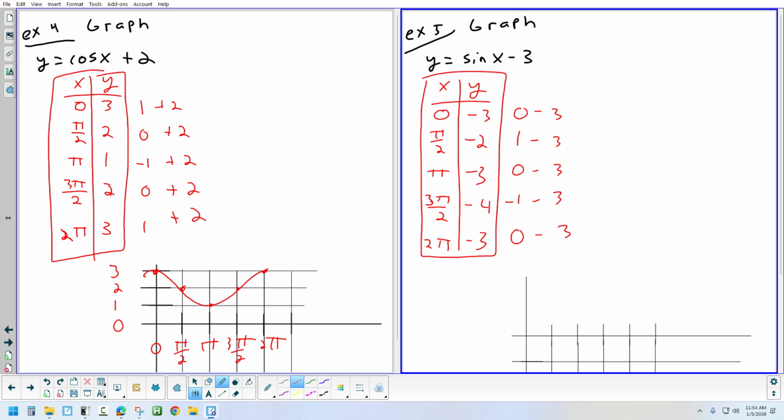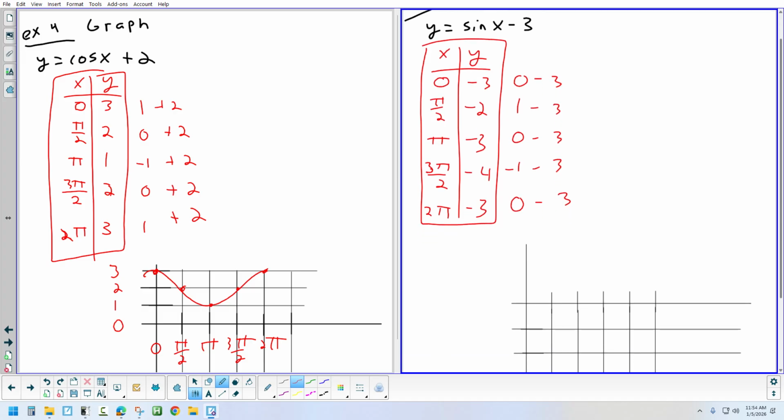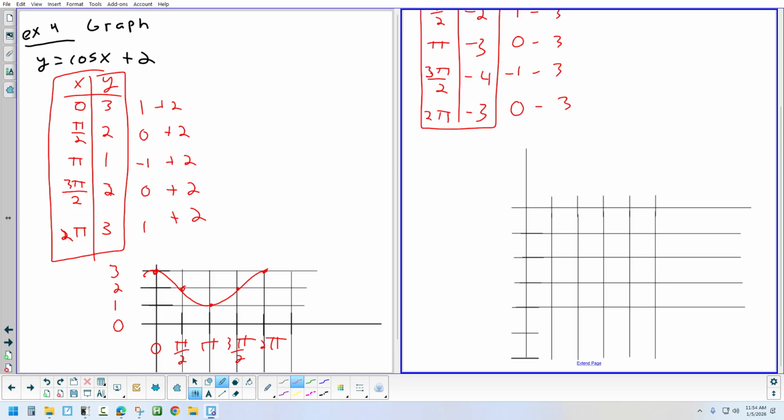So we need to go down to negative 4, and the highest we ever go is negative 2. So I'm going to go by ones. That should be fine. I am going to put my labels above this time because I know the graph is going to be below. So 0, pi over 2, pi.